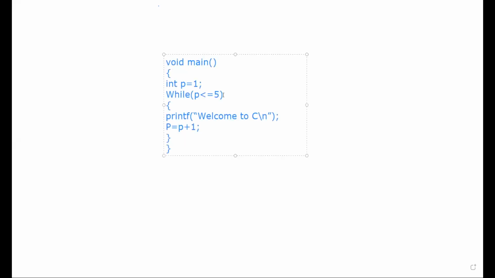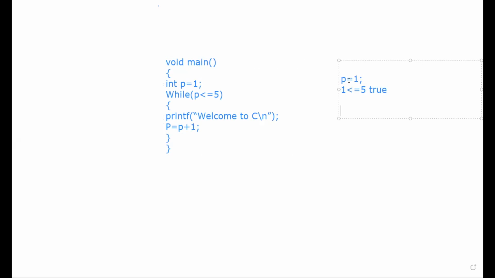Okay. So here what will happen initially, the value of p is equal to 1. Then this condition is true because 1 is less than or equal to 5. So this condition is true. So it will go inside the while loop.